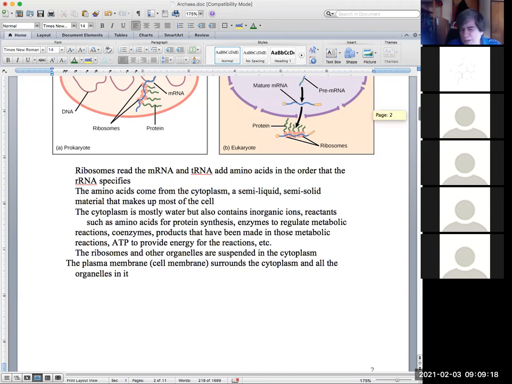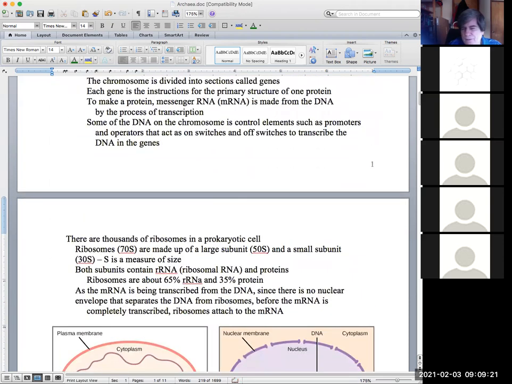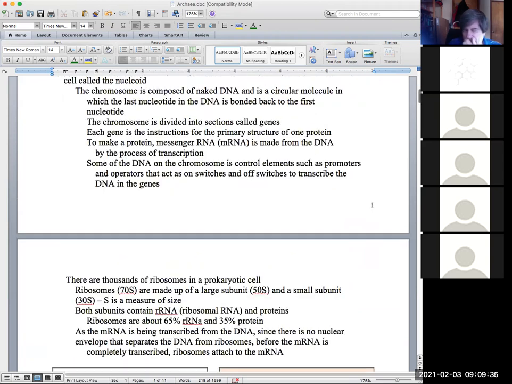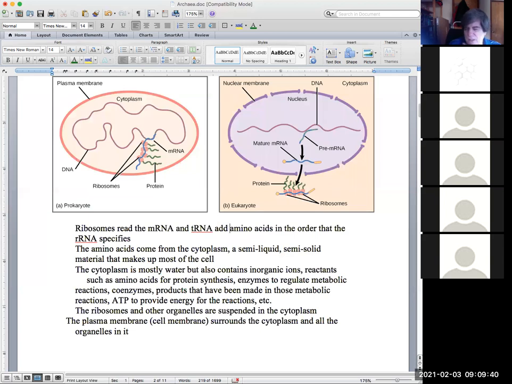So if we look at our original cell, all these little pinkish blobs are our ribosomes. This kind of orange or peach color in the background is the cytoplasm. And notice if we think about the cytoplasm, we mentioned it a little bit the other day.